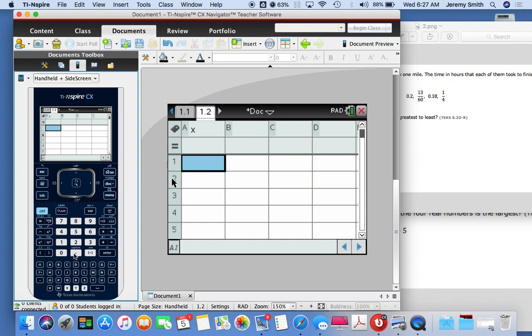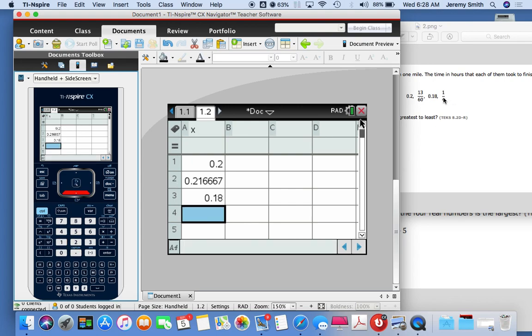So I know that that first number was 0.2, and I already have my X at the top. Remember, 13 divided by 60 was 0.21667. Then the next one was 0.18.